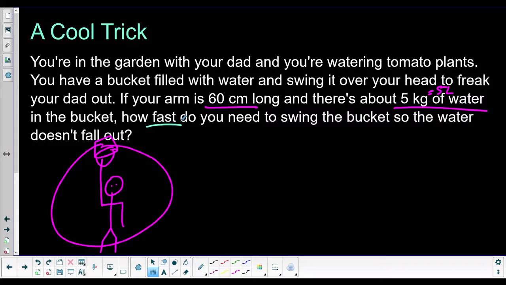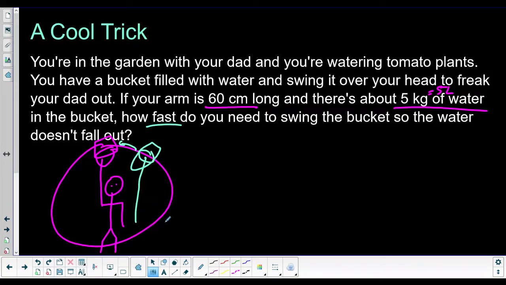If I swing it too slow, so it's here, and then 1 second later, it's there, by the time you get 1 second, 1 Mississippi, all the water has already fallen out of your bucket.